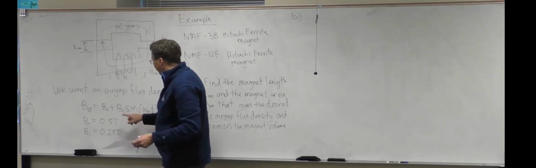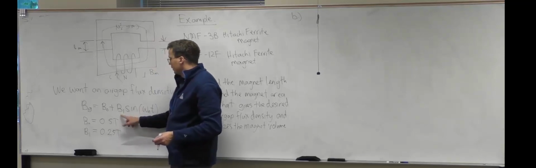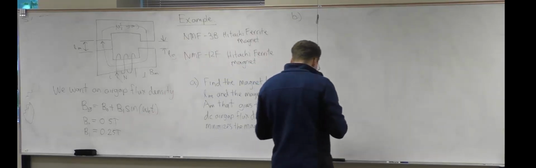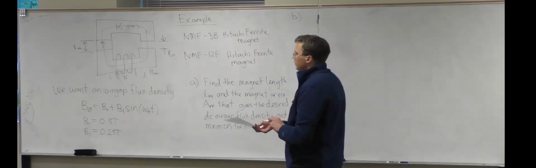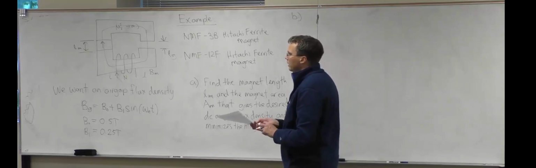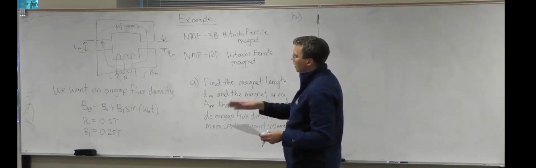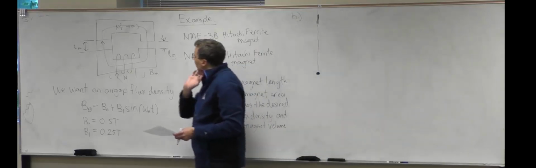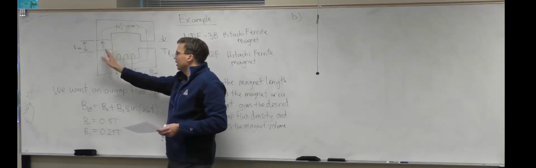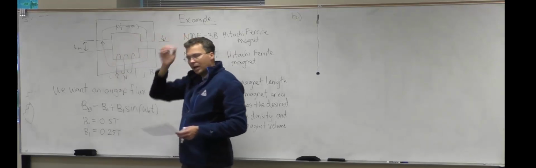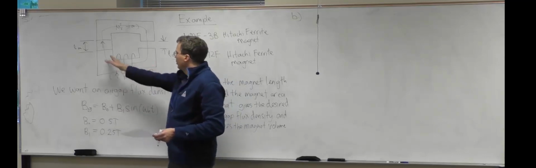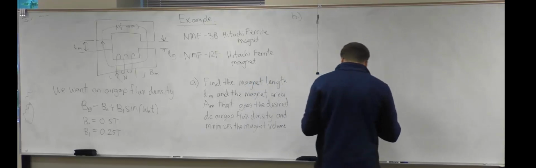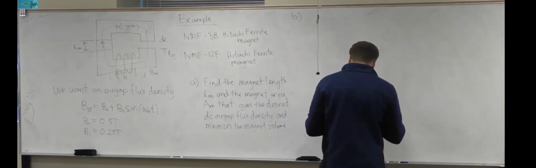What current gives us 0.25 Tesla variation in the air gap. So we want to figure that out, and we need to make sure that we can look at that on the BH curve. And the important thing would be to check if the material was not a hard magnetic material. You have to make sure you don't demagnetize it. Particularly if it's hard magnetic material, you'd be a bit better off.